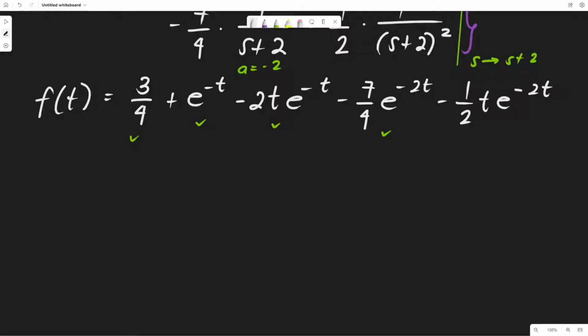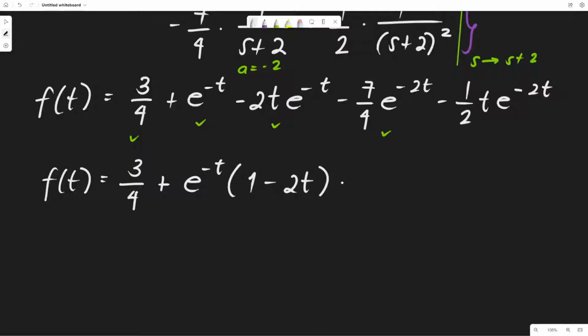So we have f of t is equal to 3/4 plus e raised to negative t times 1 minus 2t, then minus e raised to negative 2t multiplied by 7 over 4 plus 1 half t.